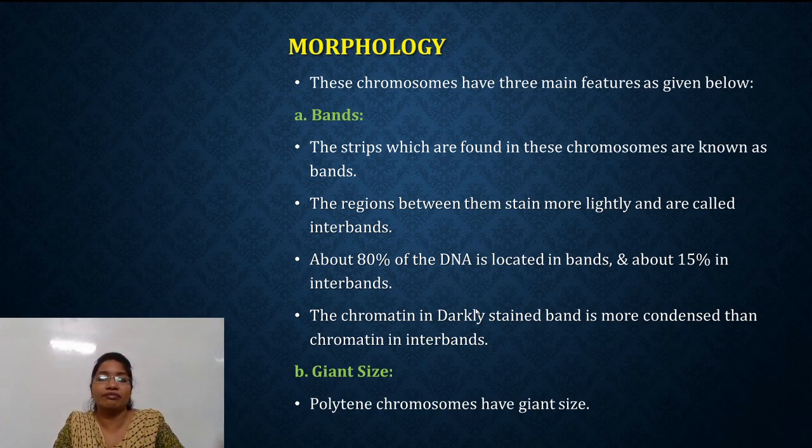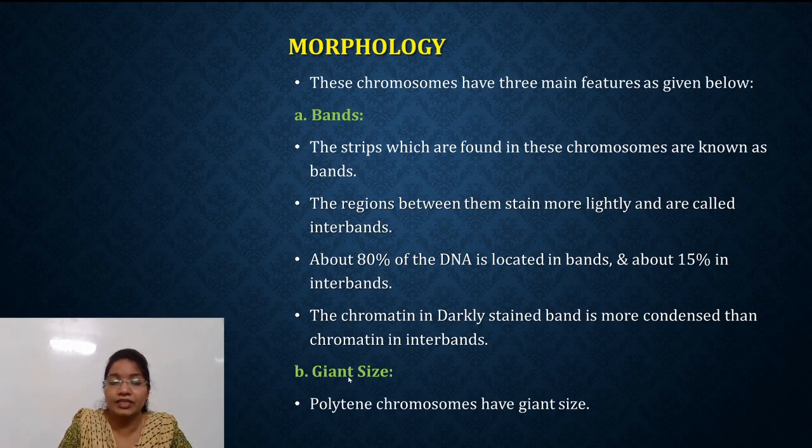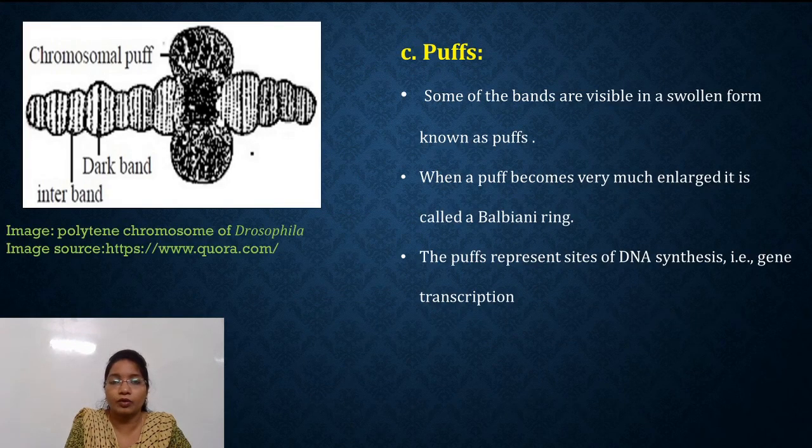The second feature of this chromosome is size, that is, they are giantly sized. So these have giant size because the length of this chromosome is approximately 200 times more than a normal chromosome. Okay, and the third important feature of this chromosome is the formation of puffs.